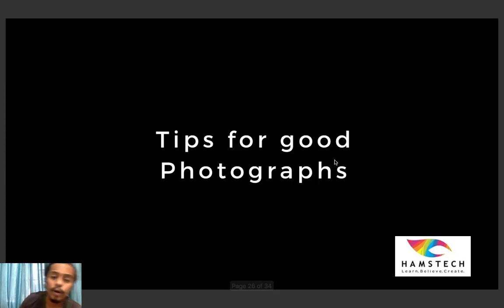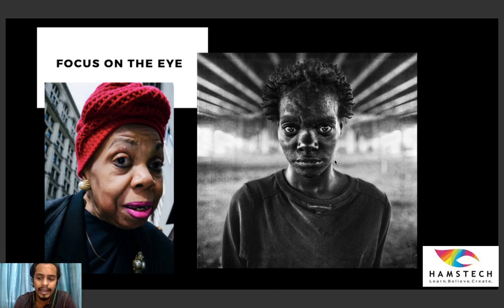Good. Now, tips for good photographs. Let me explain a few tips. Focus on the eye. Let's just say that you're shooting a portrait or you're shooting someone from your family or your friends. Try to focus on the eye, because the moment you capture someone's eyes with nice details in it, automatically your viewer tends to look at the photo for a longer period of time.